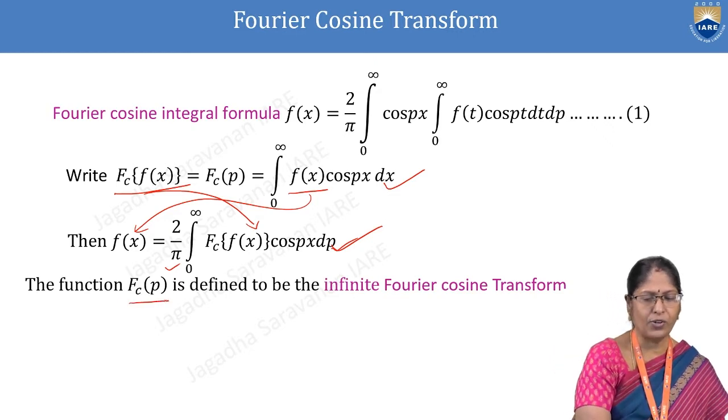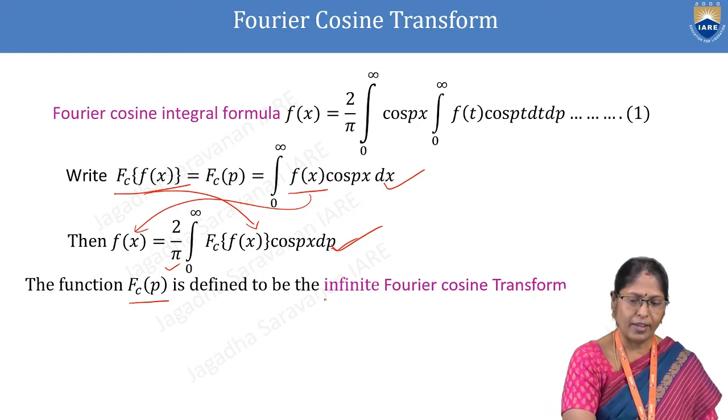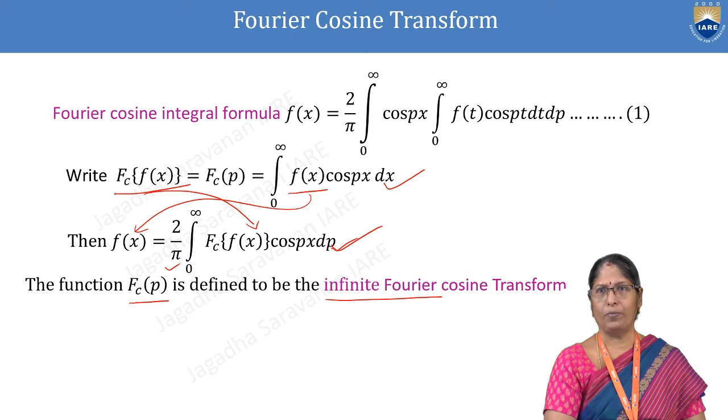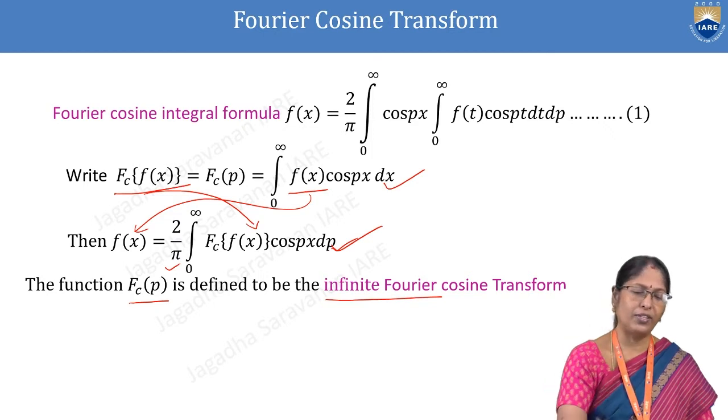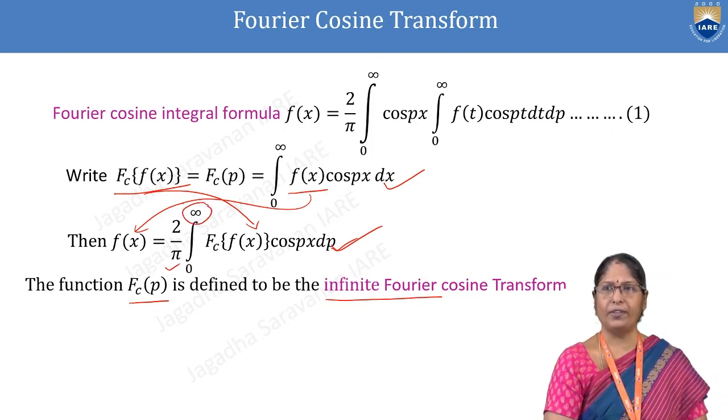Now, the function Fc of p is defined as the infinite Fourier cosine transform. Why is it infinite? The reason is that the limit is infinity.